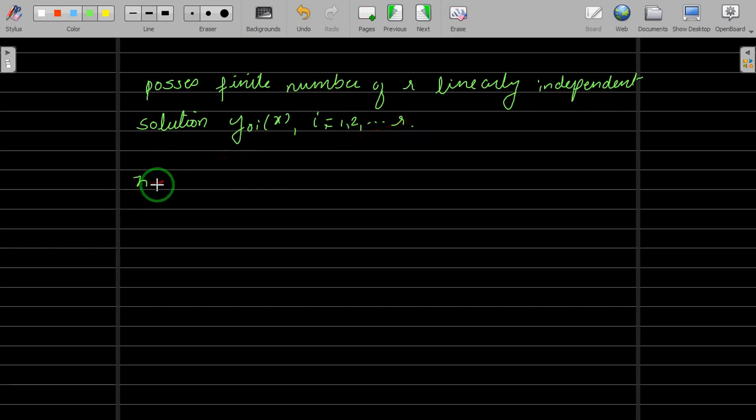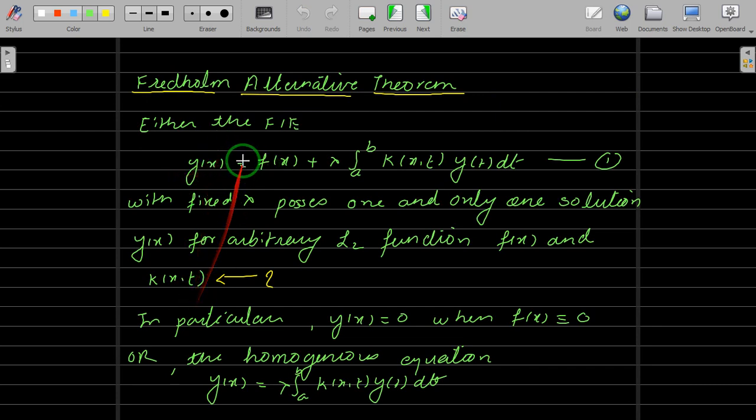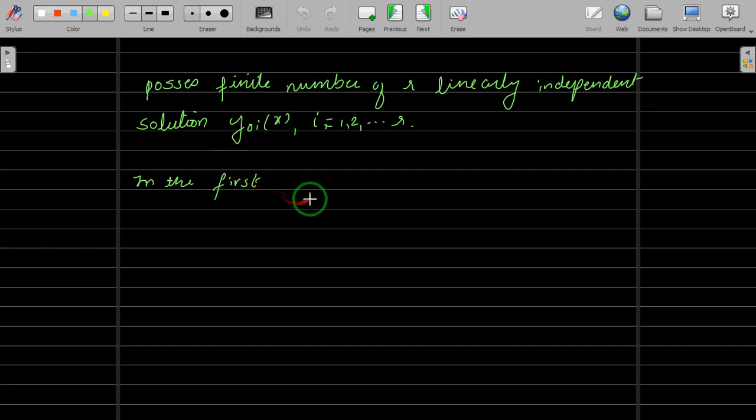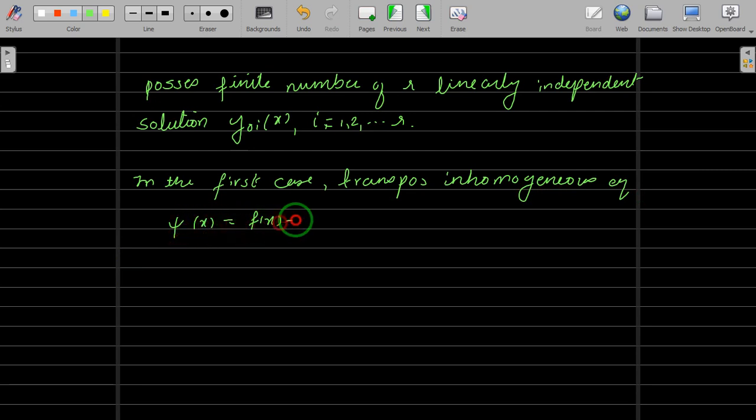Right. So in the first case, the transpose homogeneous system or equation, I can say psi of x is equal to f of x plus lambda integral a to b k of t, x, psi t dt, also has a unique solution.